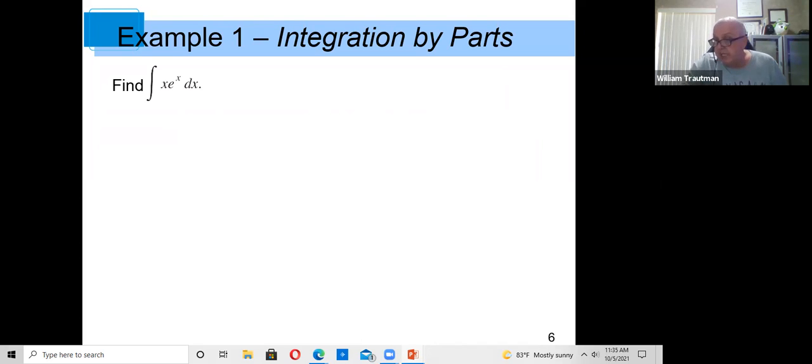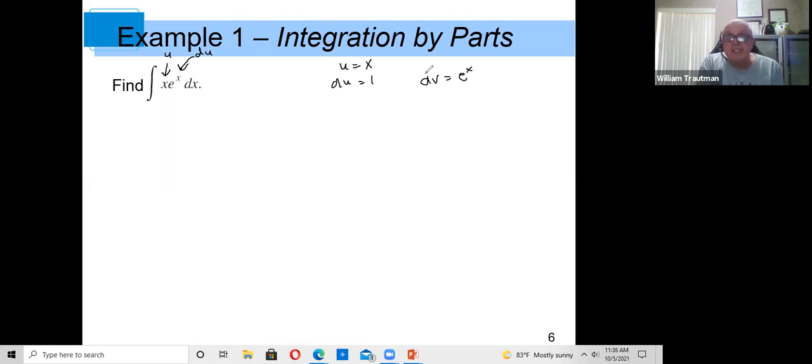So if we look at this first one, I'm going to declare this one as u and this one as dv. So if u equals x, then the derivative of u equals 1. If dv, do you see how I put it on the bottom? dv is e to the x.